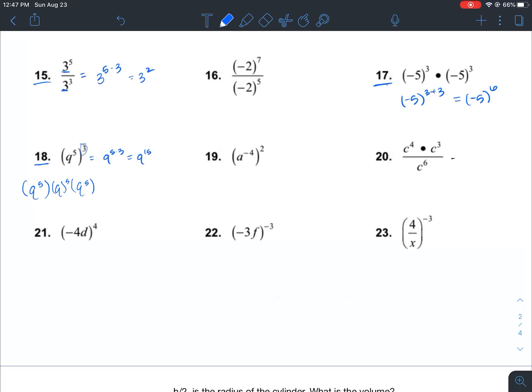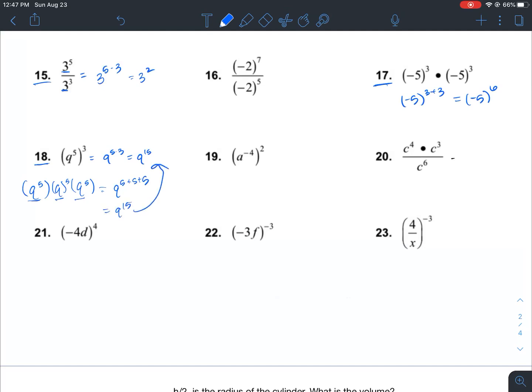Again, that's being multiplied 3 times. Now if we use our product rule, we have the base of q and they're all the same. So this is q to the 5 plus 5 plus 5, which is equal to q to the 15.